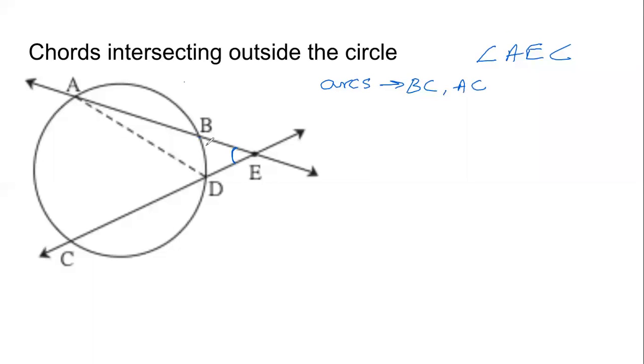Right? This is one arc. Here is another arc. These are the two arcs that are intercepted by this angle. And so there is a relationship between this angle and the measures of these two arcs. Let me first tell you what the relationship is, and then we will try to understand how that happens.